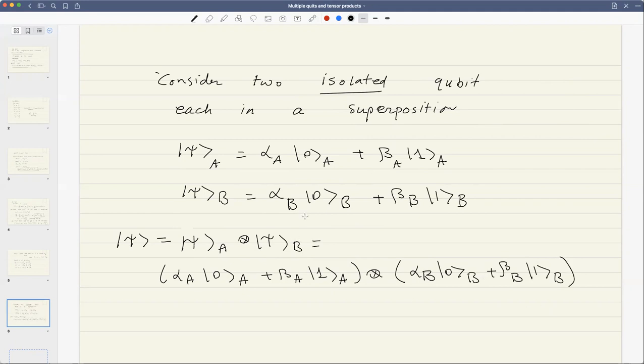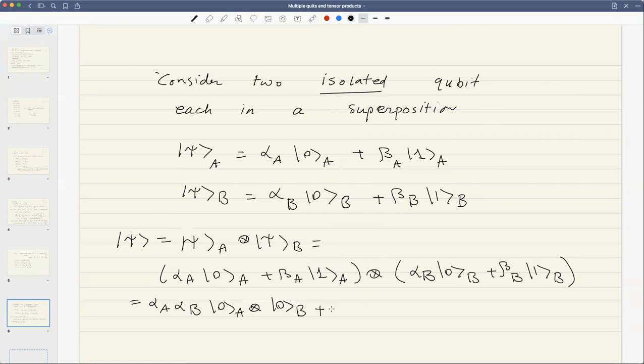So if I distribute this through, these are just some scalar numbers, I'm going to get alpha A alpha B, taking this term with this term, then 0A 0B.